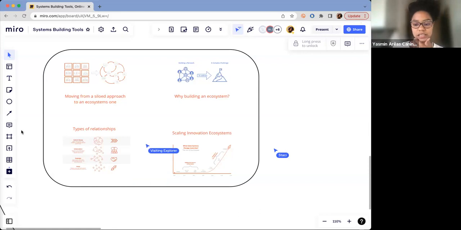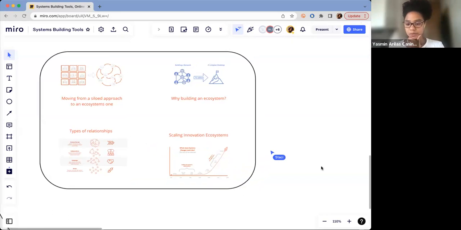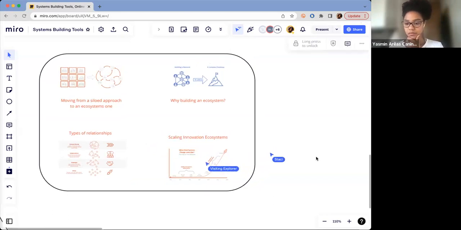Yes, as Joss is saying here, growing and scaling the network rather than the elements, for sure. Good. So any questions or any comments on that? Seems like we're all good.